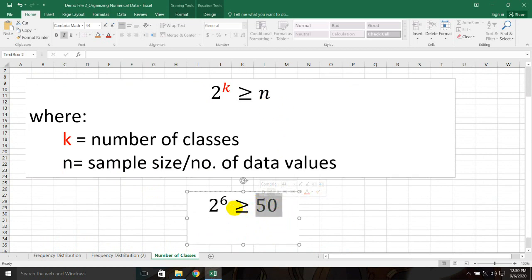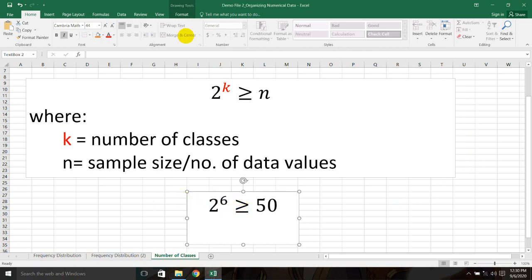And the appropriate k for this one will be 6. Why? Because we cannot use 2 raised to 3, since that is just 8 and it's less than 50. You can't also use 4 because it's still less than 50. You cannot also use 5 because it's just 32. So therefore, we will use 6.